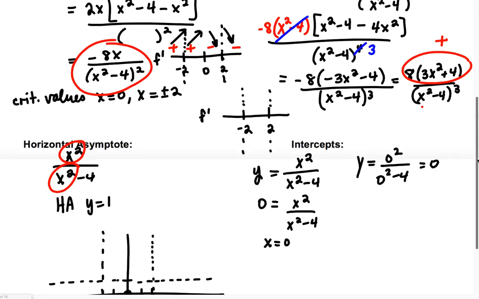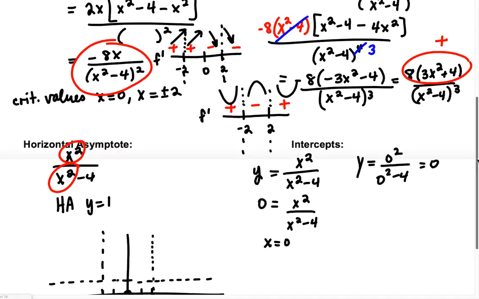But for the bottom, if I have -3 and I square it, I get 9 minus 4 is 5, and then 5 cubed is 125. It's positive. Does that make sense? It will be the same for +3. And then 0 will end up being negative, because we'll have 0 minus 4, which is -4, and then cubed. So that means that we have concave up, concave down, concave up.